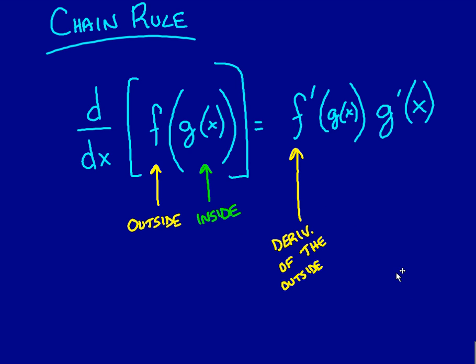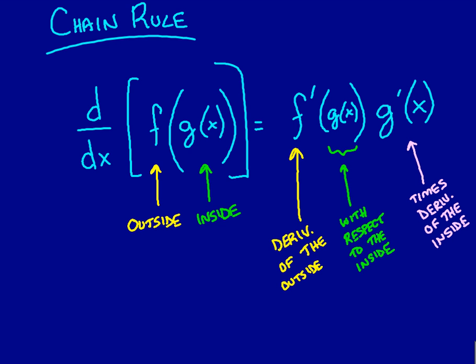It equals the derivative of the outside with respect to the inside, times the derivative of the inside. What this means is, I'll take the derivative of the outside function, but I have to keep the inside just as it was, and then multiply by whatever the inside's derivative is. So it's like building a big chain link, and sometimes you have to do it multiple times.